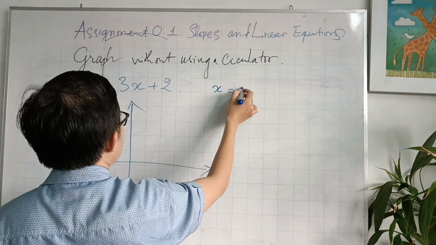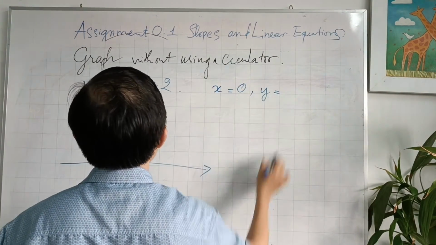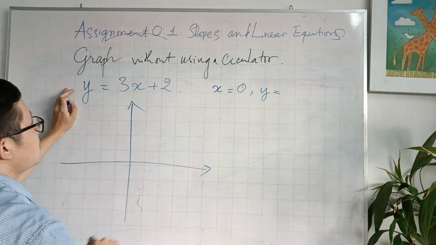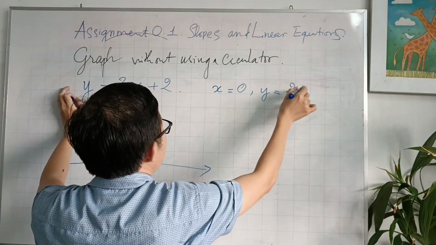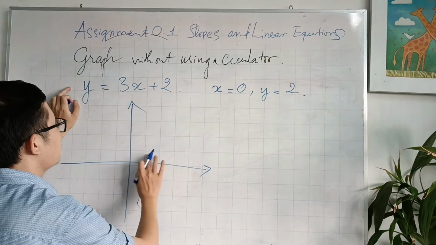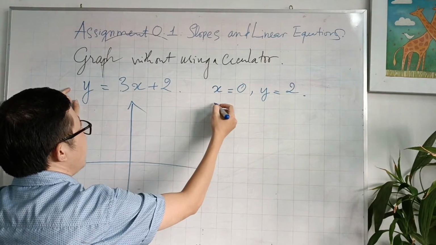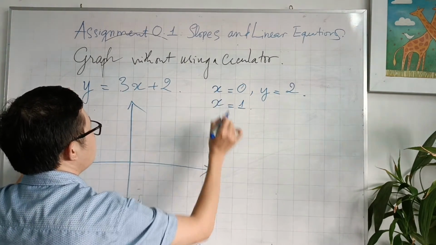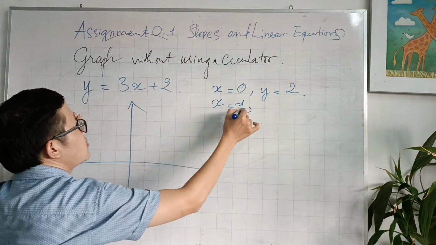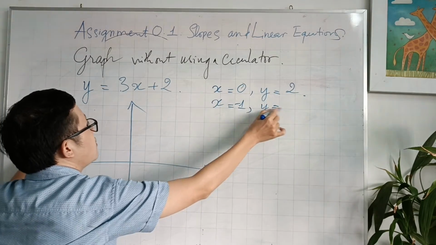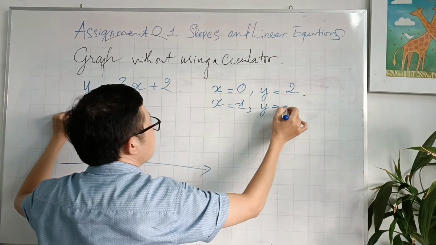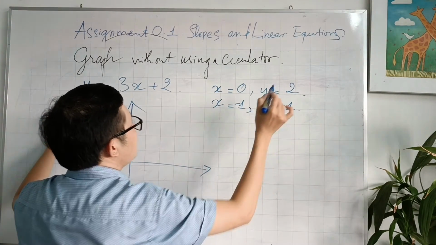When x equals 0, you substitute the x value into the equation, you have y equals 2. And when x equals negative 1, y equals negative 3 plus 2, which is negative 1.